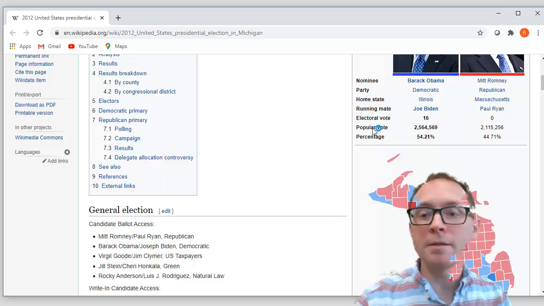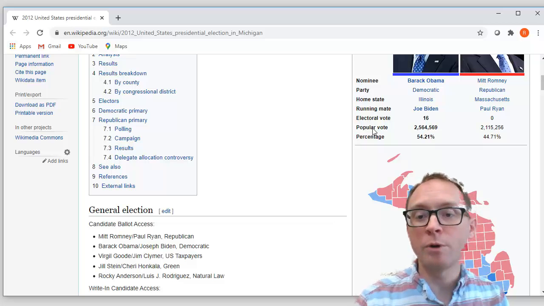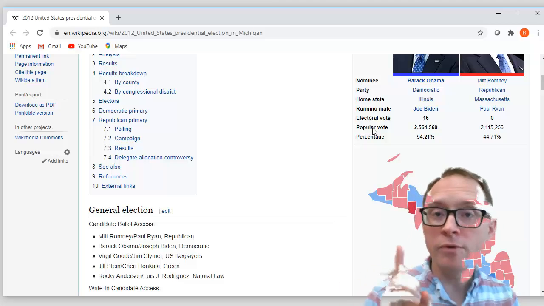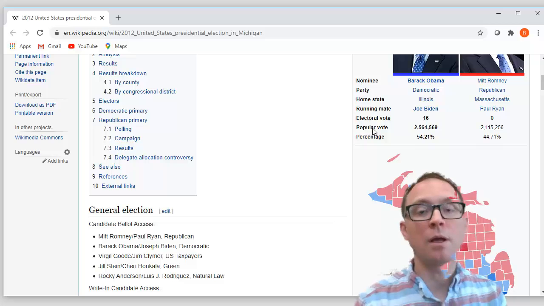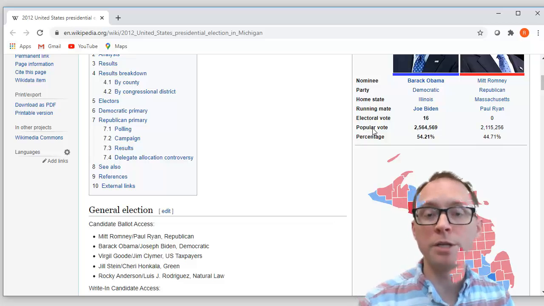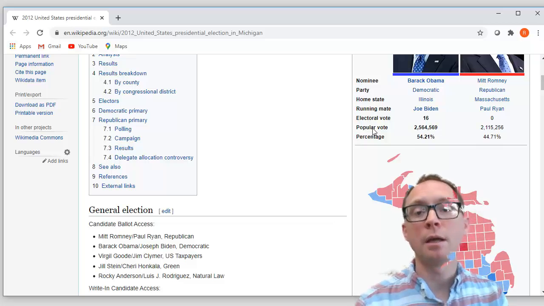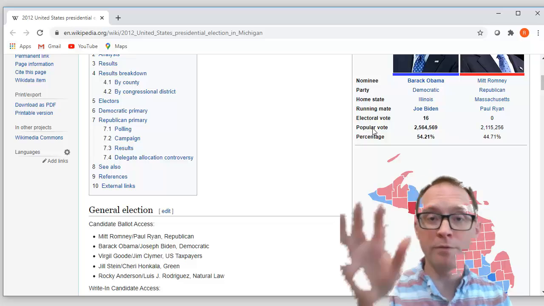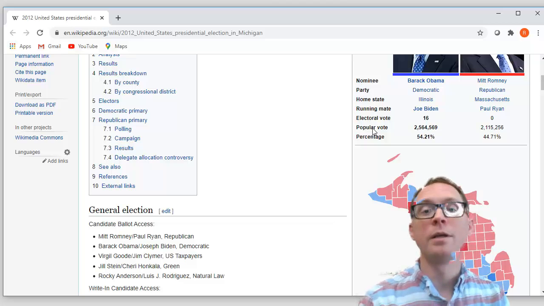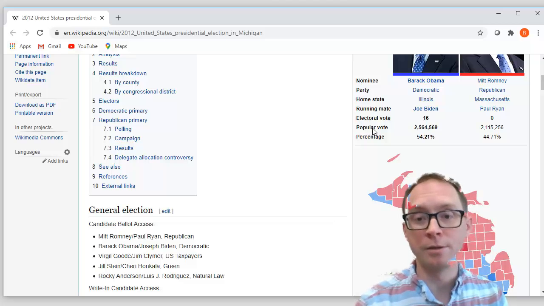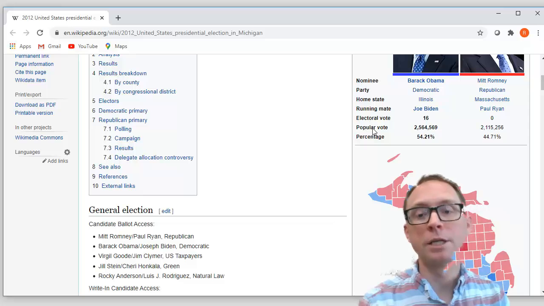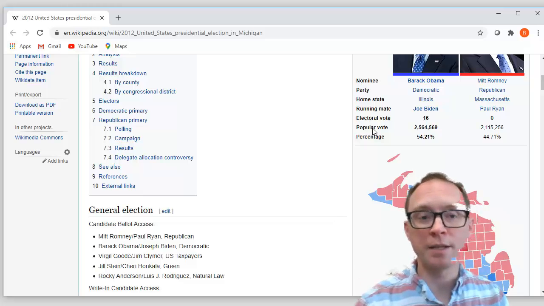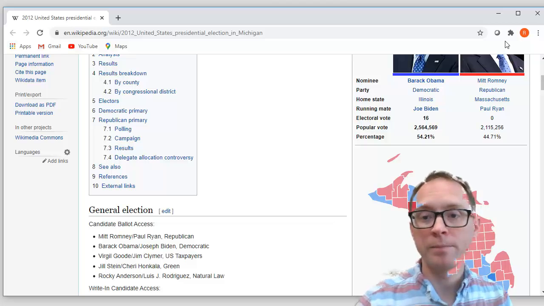So this idea that Barack Obama got 54.21%, that would be a parameter if the population is voters who voted in the presidential election in Michigan in 2012. Notice how that's different than everybody in Michigan in 2012. It's the people who voted in the presidential election in Michigan in 2012. The parameter would be 54.21%.